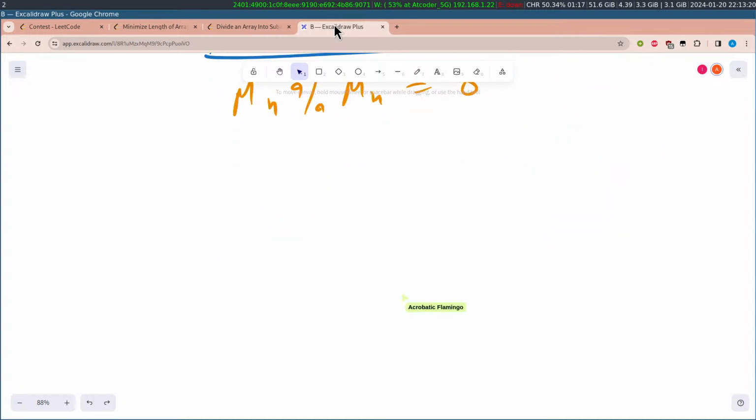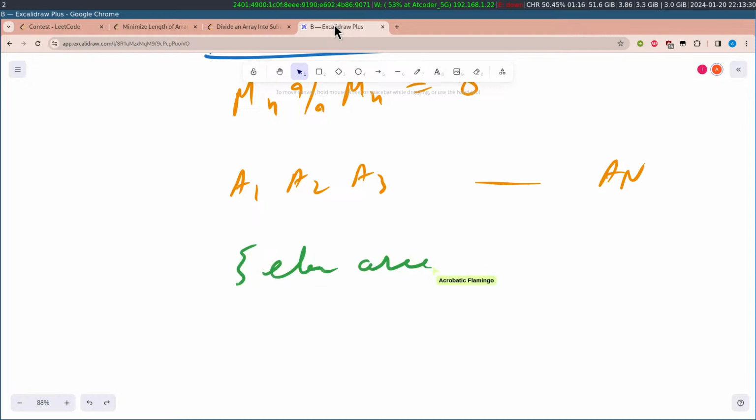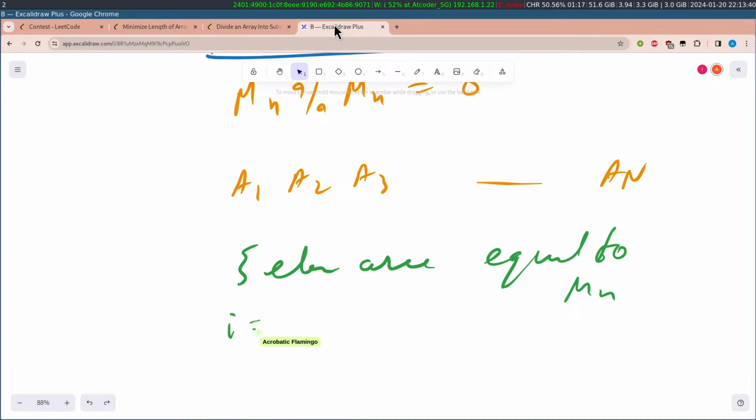So if we look at the original array, and say that 5 elements are equal to the minimum, then all the other elements can be deleted by taking i equal to the index of the minimum, apart from those minimum elements.